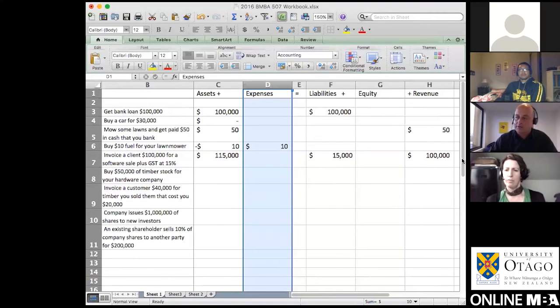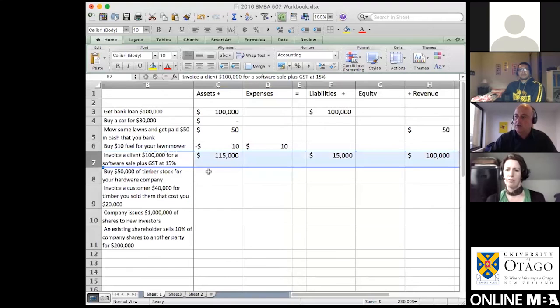But this accounting equation still balances even when we account for the GST. And what you find with modern day accounting systems, you generally don't even see the GST get split off into the other account. You just put it in going $100,000 plus GST. Computer says yes, and you rock on, and it all deals with the GST.